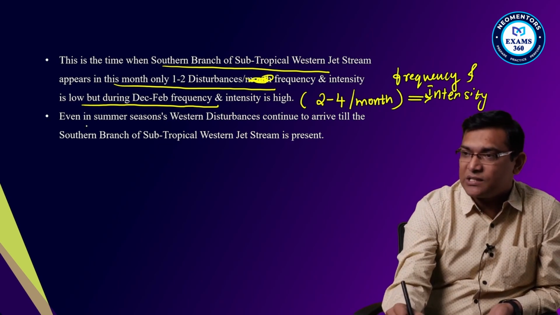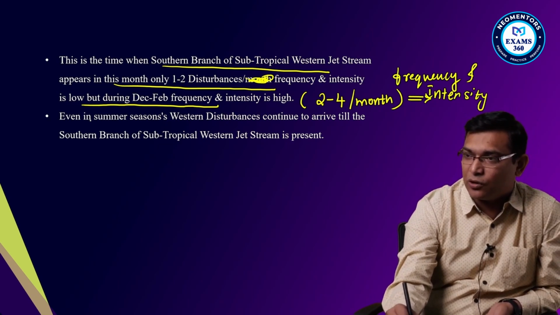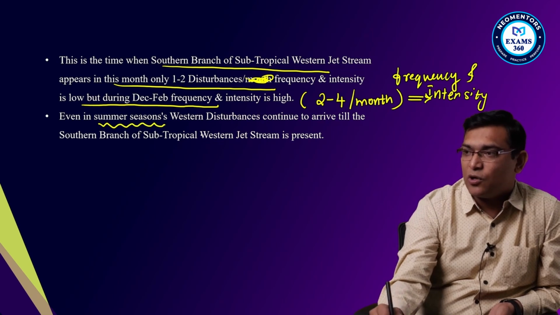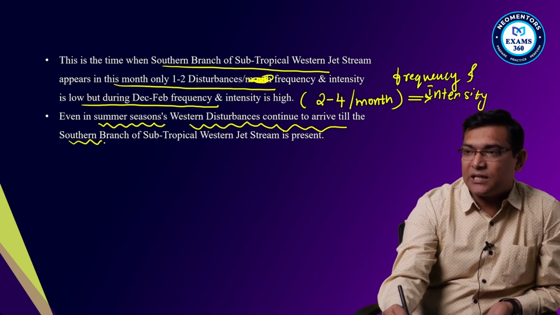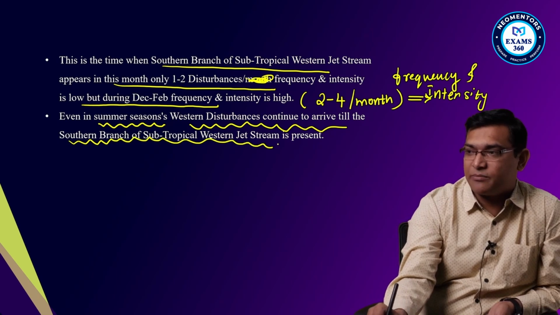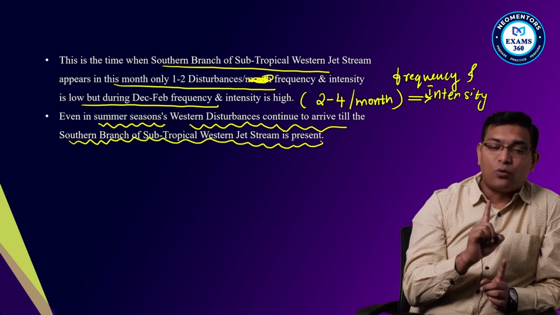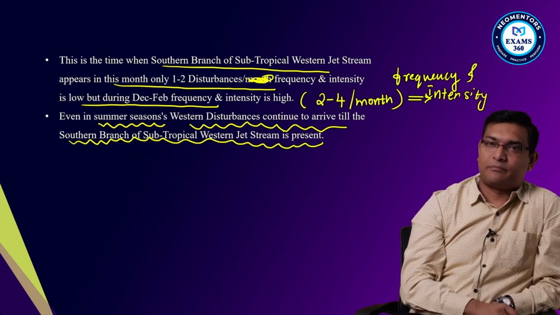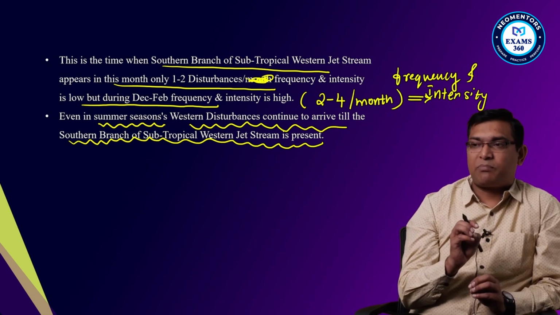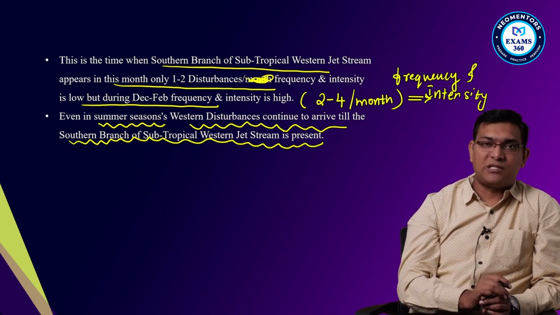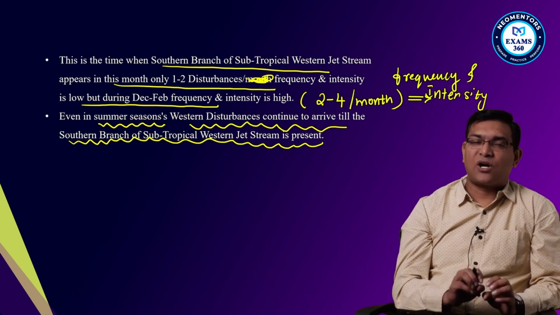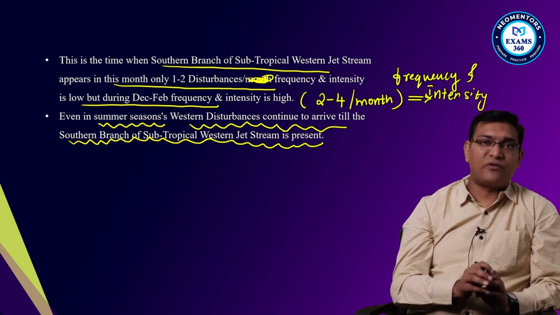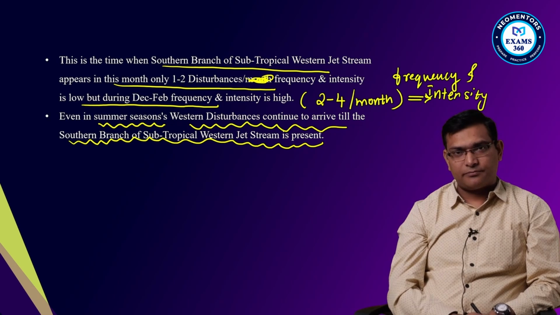Even during summer, in May, western disturbances continue to arrive as long as the southern branch of the subtropical jet stream is present. And unnanta varaku they will be coming. That means the southern branch of the subtropical jet stream, right? Then these are the characteristics of the jet stream and the distribution of your western disturbances, right?